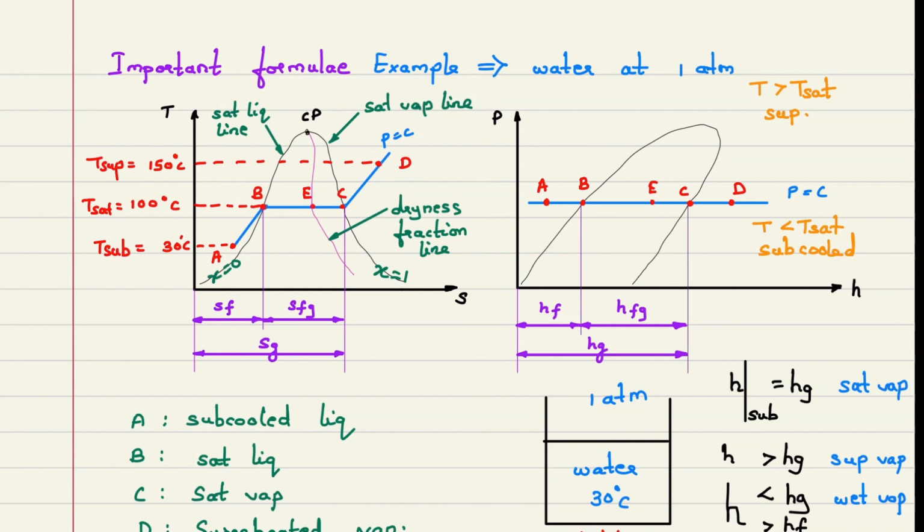And the third condition is if the given temperature is equal to Tsat. Now there are three possibilities: it can be saturated liquid, wet vapor, or saturated vapor. So these are the three conditions related to temperature.